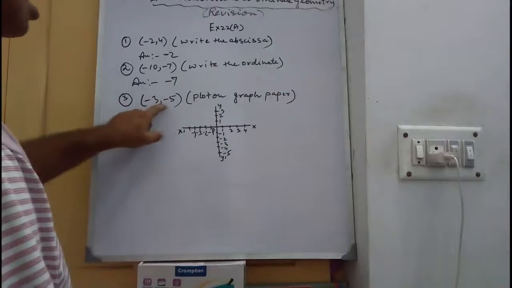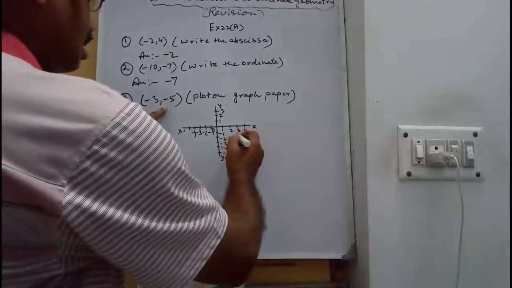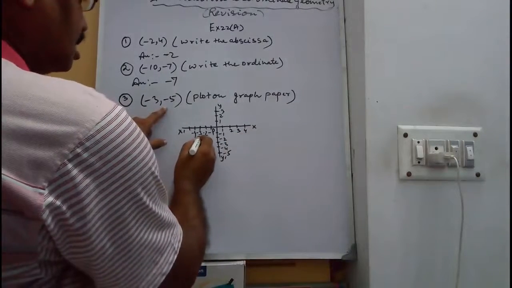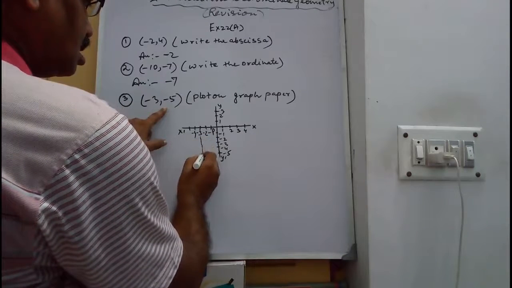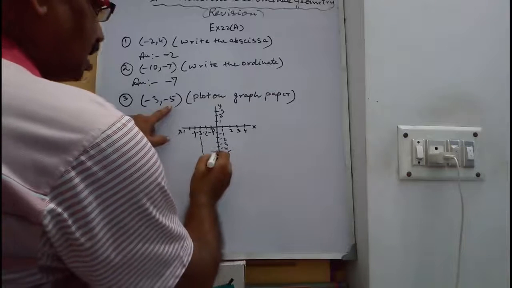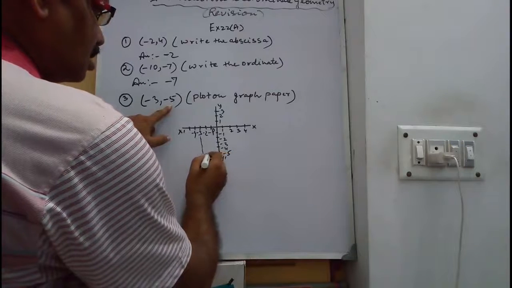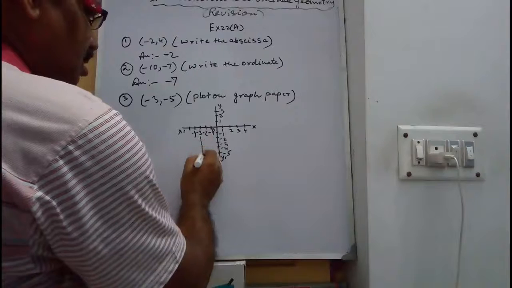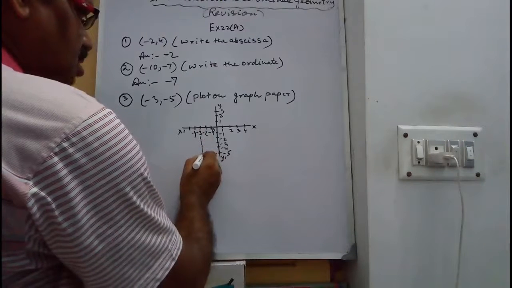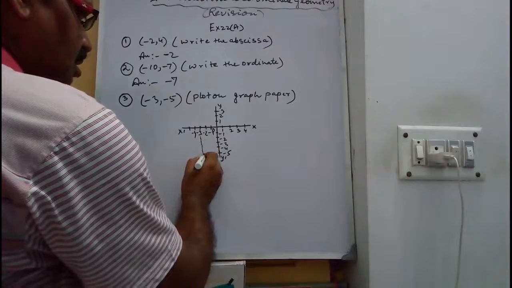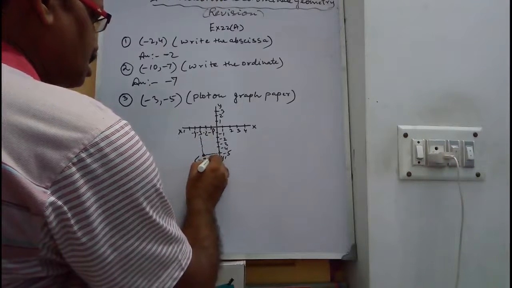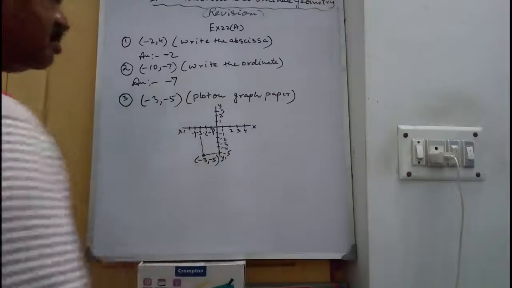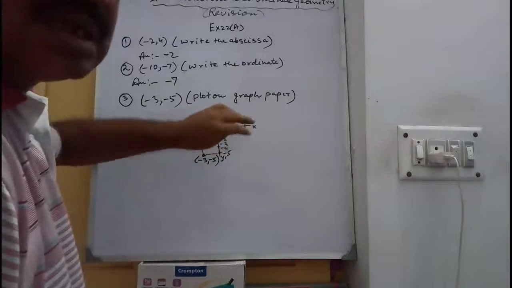So minus 3 and minus 5. So minus 3 means on that side you go down this way. Minus 5 from y-axis comes that side. Where these two lines intersect each other, this point denotes minus 3 and minus 5. This work you do on graph paper.